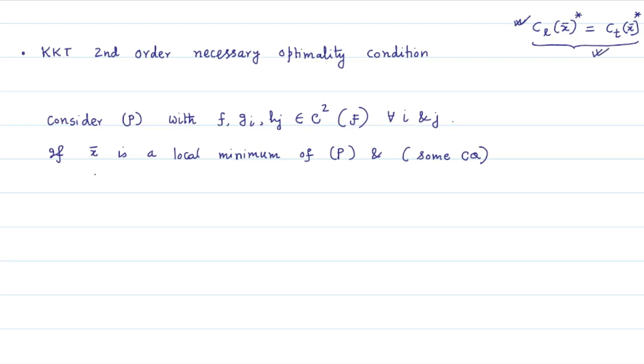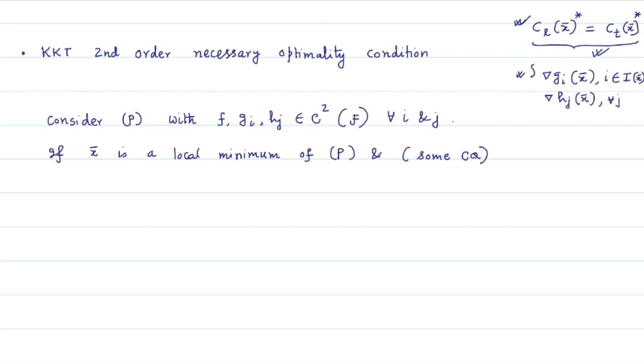So we consider that x bar is a local minimum point, together with this condition or some other similar conditions being satisfied, which we refer to as the constraint qualification condition. Maybe you can also consider the vectors gradient of gi at x bar for i belonging to the active set of indices, together with the vectors gradient of hj at x bar for all j.